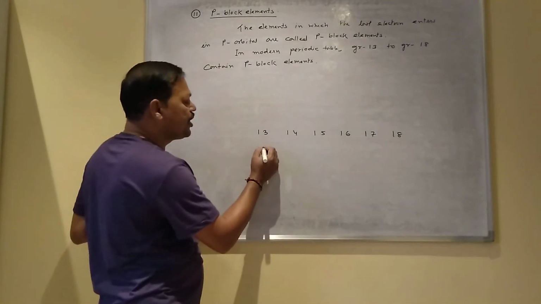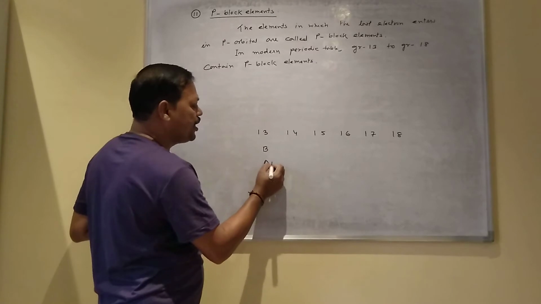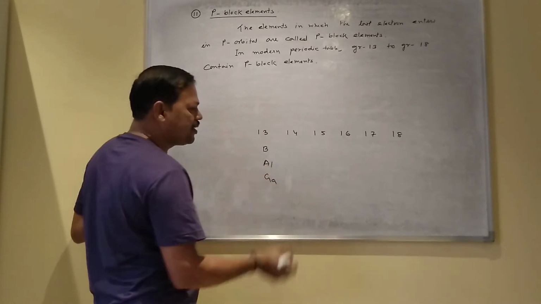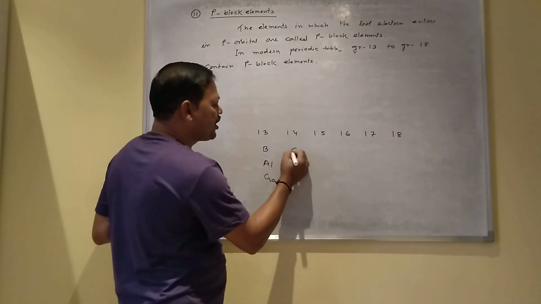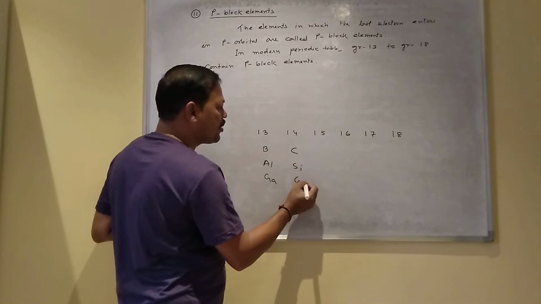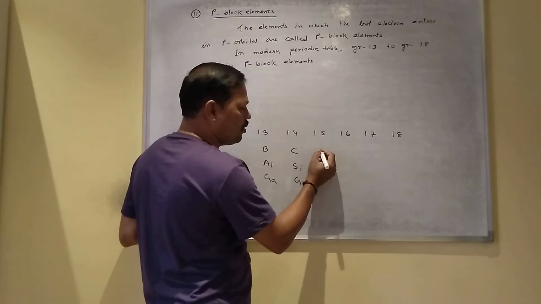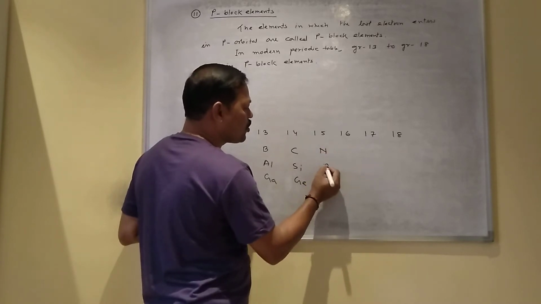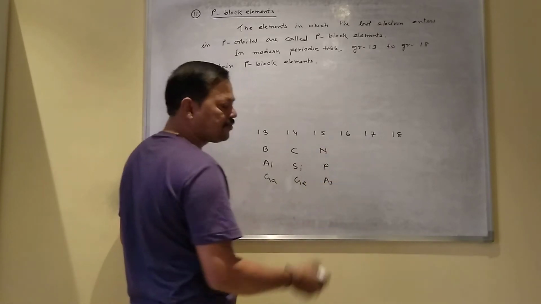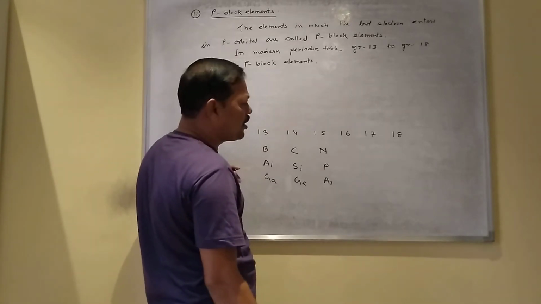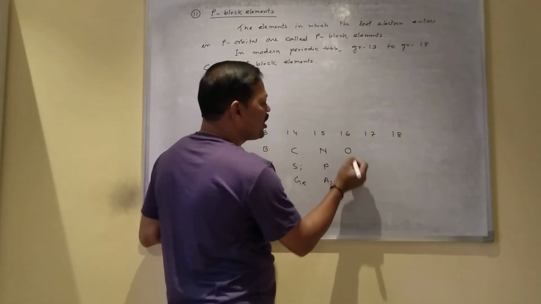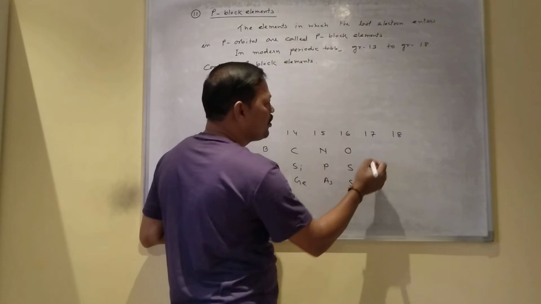Group 13 contains boron, aluminium, gallium and so on. Group 14 contains carbon, silicon, germanium and so on. Group 15 contains nitrogen, phosphorus, arsenic, antimony, bismuth and so on. Group 16 contains oxygen, sulfur, selenium.